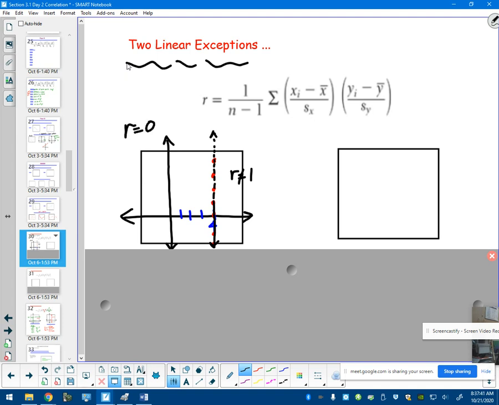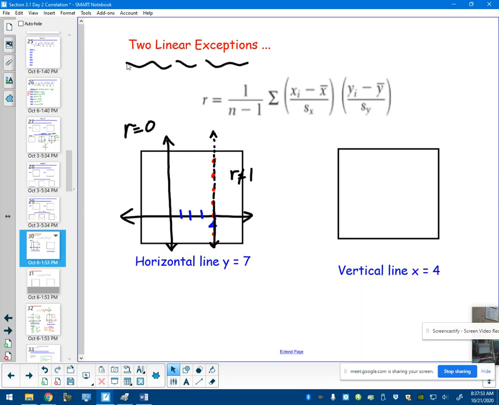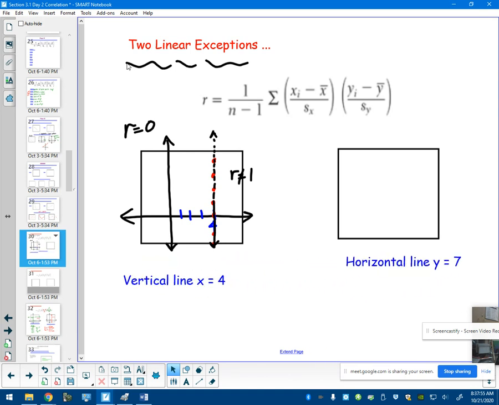Anybody see why? I don't know what's under here, and that I'm going to have to change. Does anybody see why that happens mathematically? Well, let's take a couple points.